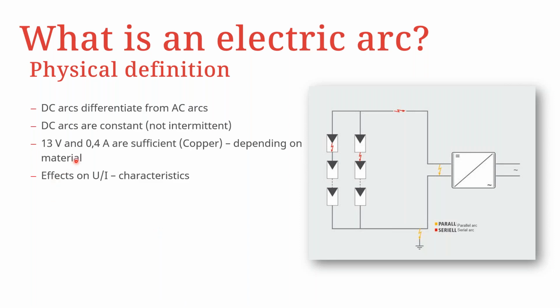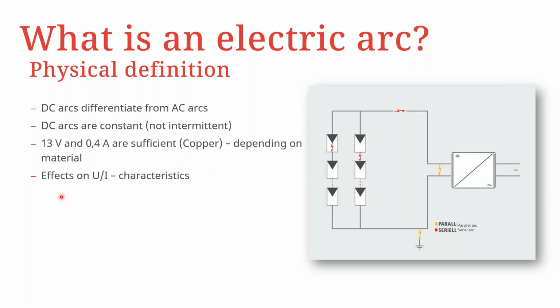So as far as the possibility for arcing is concerned, there is the possibility to get an arc with a voltage of just about 13 volts and a current of 0.4 amperes. But of course, this depends on the type of material that is used. So for 13 volts and 0.4 amps, you could get a significant arc with a copper cable.